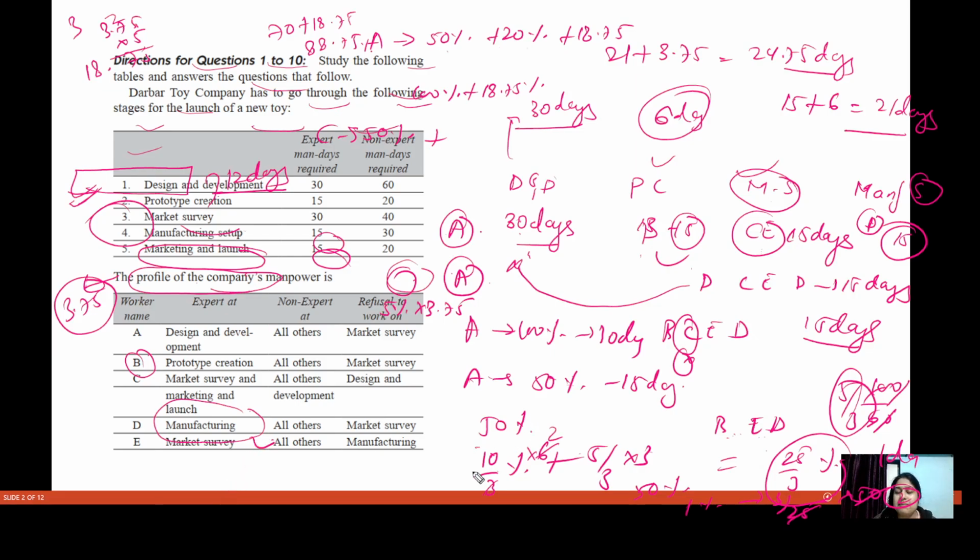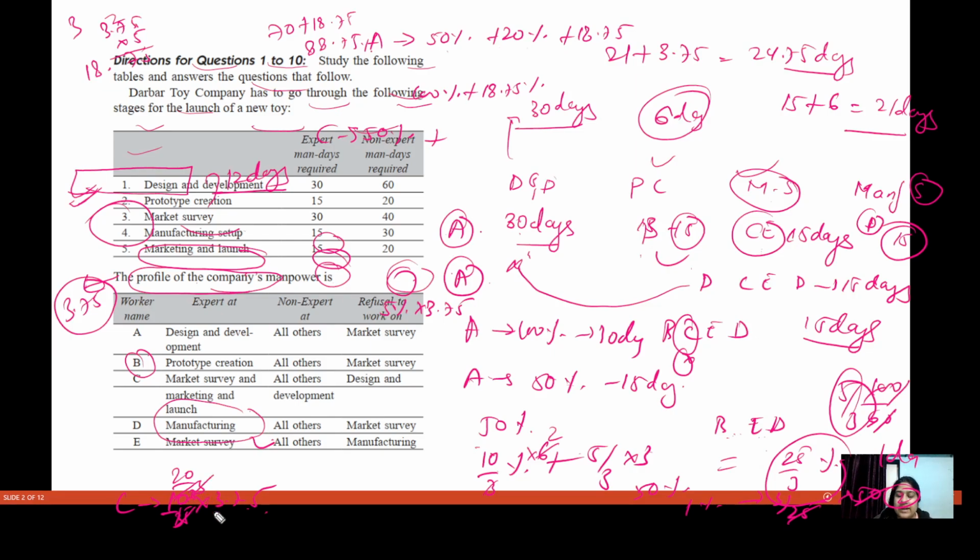Now in marketing and launch, C is doing how much of the work? C is doing 10 by 3 into 3.75. No, not 10 by 3. C will be doing, I think, 20 by 3 into 3.75.